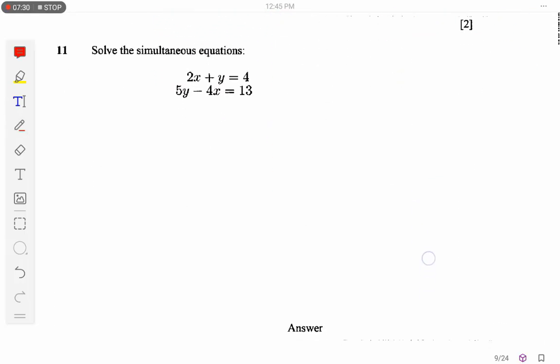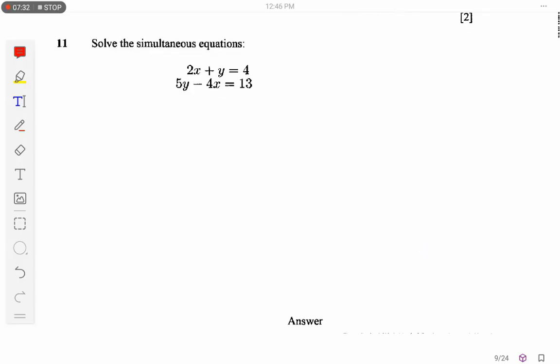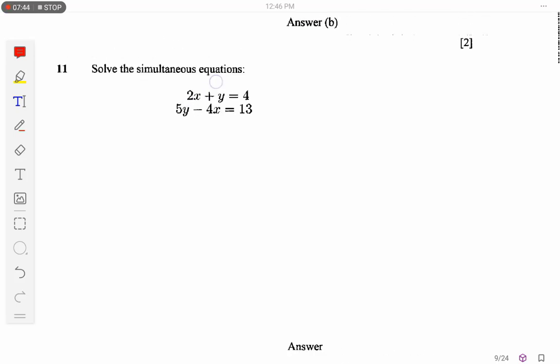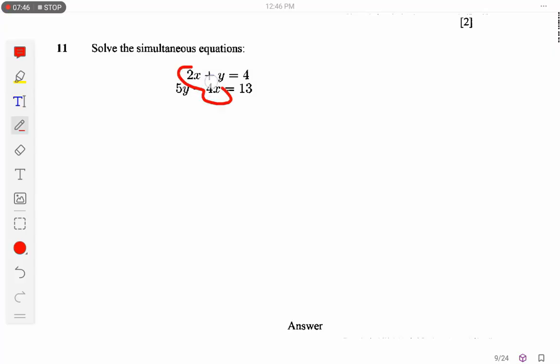Okay, let's move on. Now we have a simultaneous equation. For this one, I want to simplify my life. I want to make the x's equal, so I want to have them as 4's. So I can multiply the first equation by 2 and the second by 1.